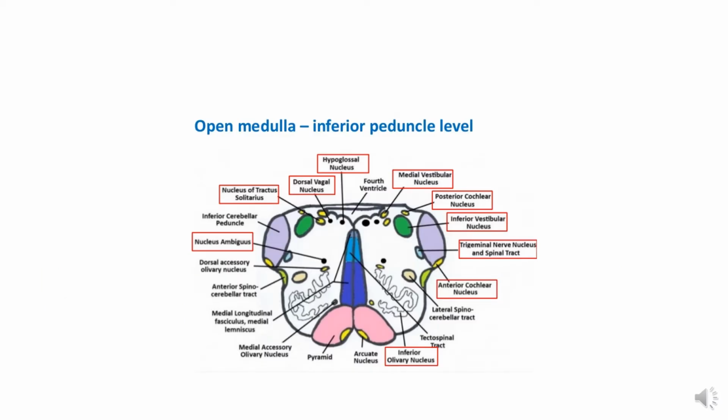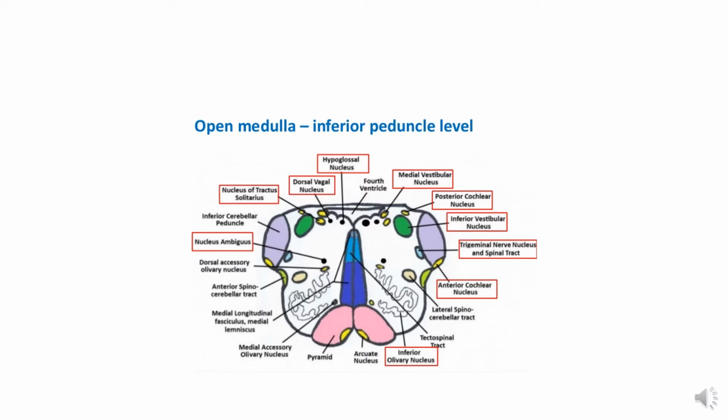So, the section of the medulla oblongata at the level of olives. Now this transverse section passes across the inferior part of the fourth ventricle.